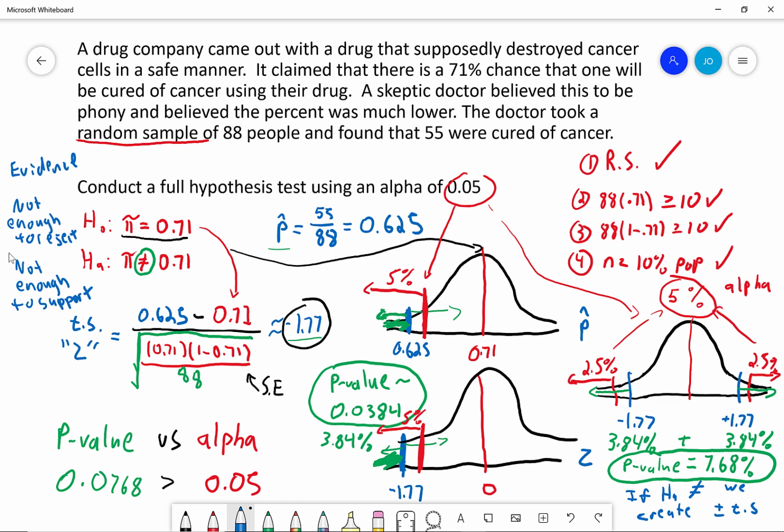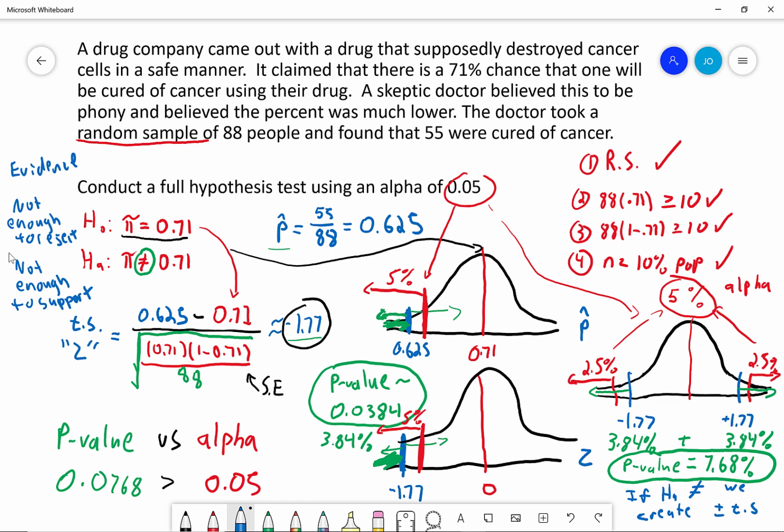But because you split up your alpha level into both sides of your graph for does not equal to, the value of your test statistic needs to be more extreme than if you were solely interested in a less than or greater than. That's because you put all of your alpha into one side of your graph for a less than or a greater than, a one-tail test. You split up alpha into both sides of your graph for a two-tail test.